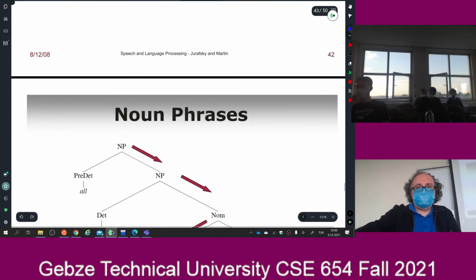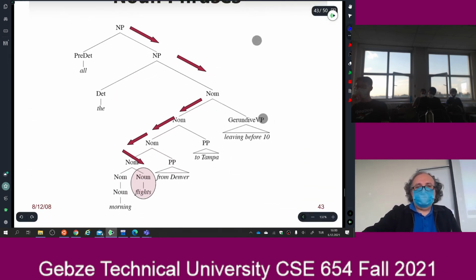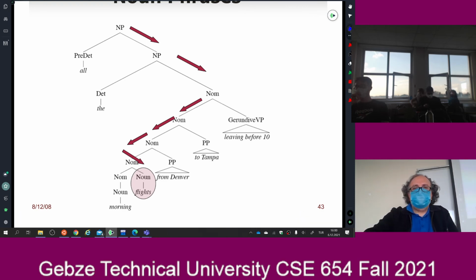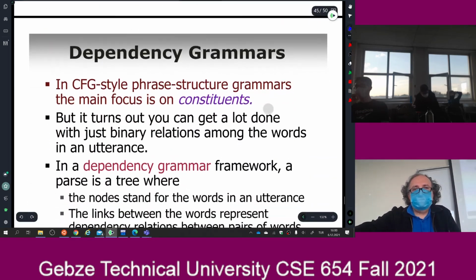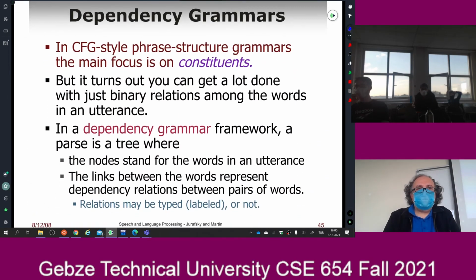Just run this algorithm. For example, for this noun phrase, the head is flights, because for this nominal, the noun is the head of this nominal. Nominal prepositional phrase, it is this one, etc. So this is a simple set of rules. The treebank and head finding themselves are useful for us. And now let's talk about dependency grammars.